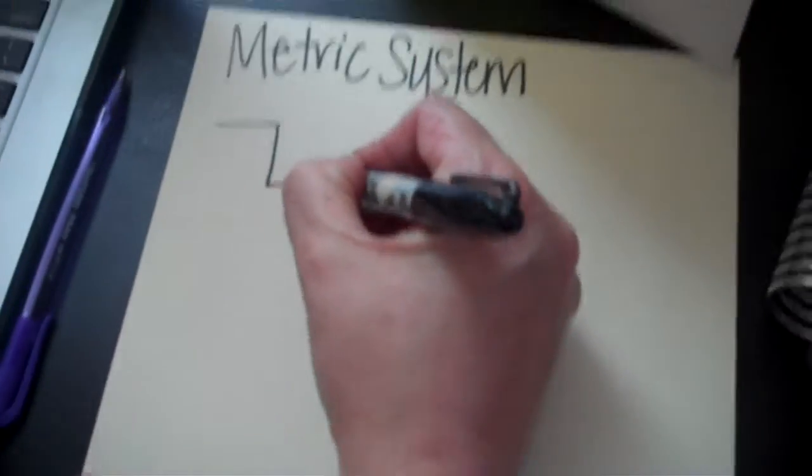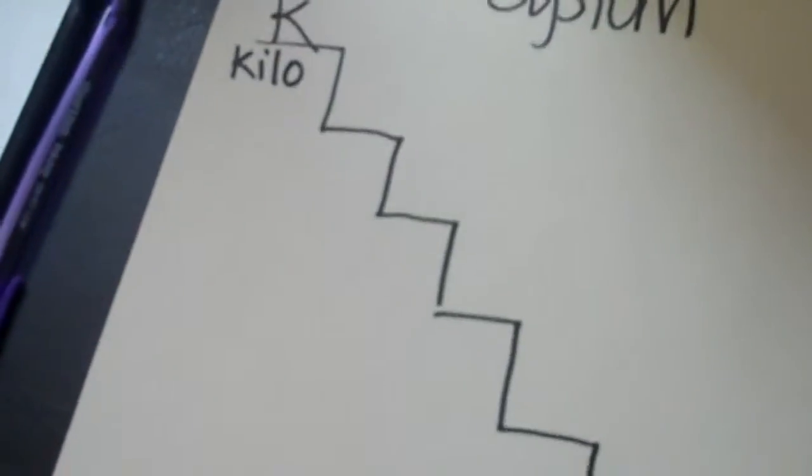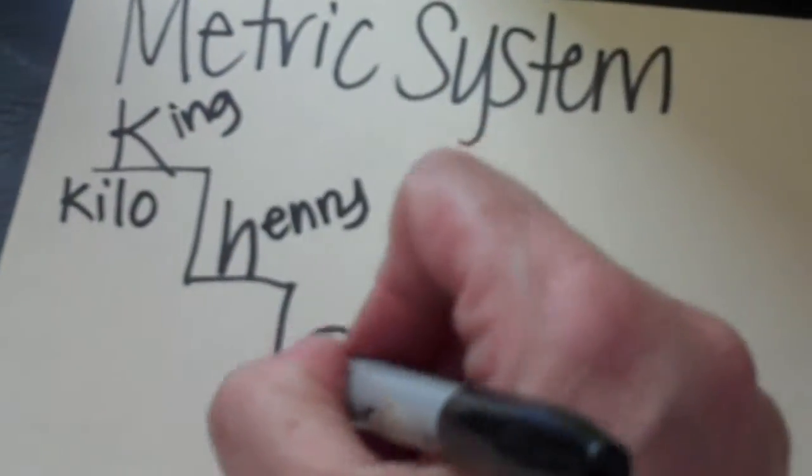So my prefix kilo is K. H, this is also King. Henry died.